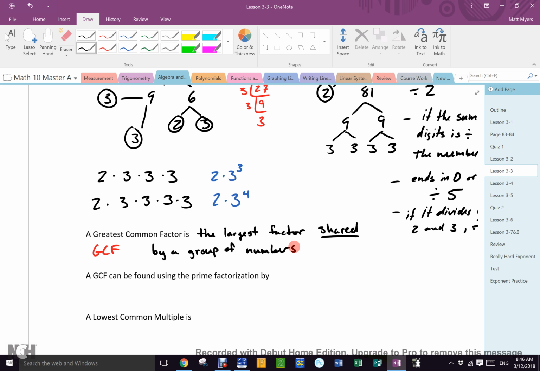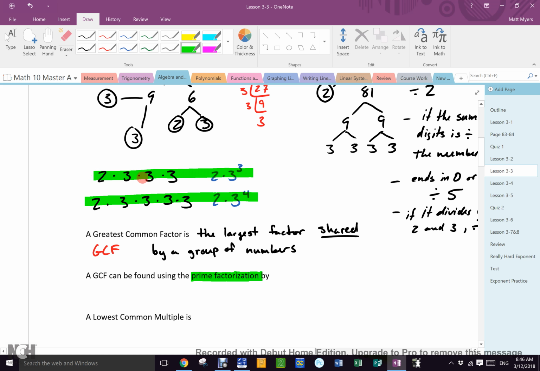And this is how you do it. You take the prime factorization. I'm going to highlight the word prime factorization in green, and then I'm going to highlight this. These are two different ways of writing out a prime factorization.